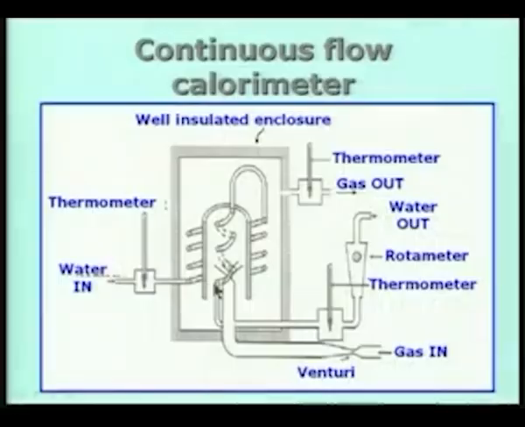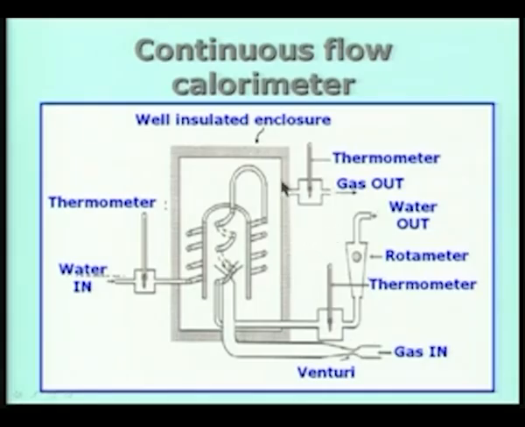Secondly, if the temperature of the gas coming in and the temperature of the gas going out are very close to each other, that means there is not much of a temperature change from here to here, all the heat which is generated by the combustion process is actually removed by the water. Of course, there may be a small temperature difference which can be used to correct for this.